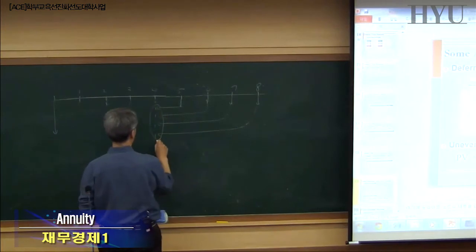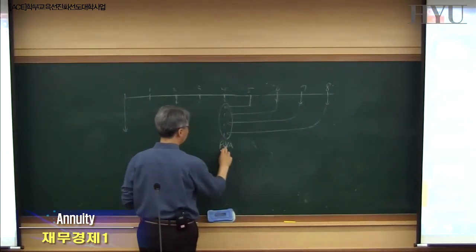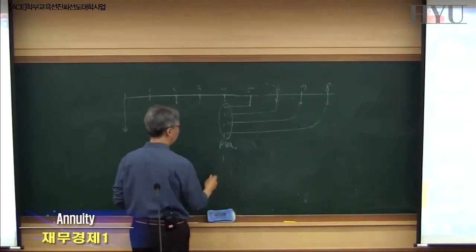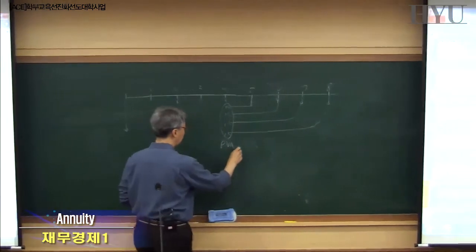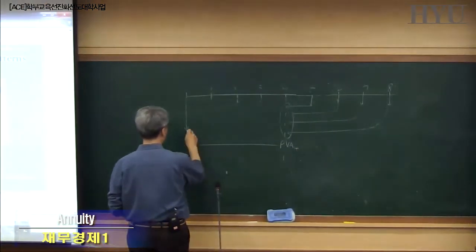So calculate the total present value of annuity, but that's as of period number 4, and then you have to discount it for 4 years.